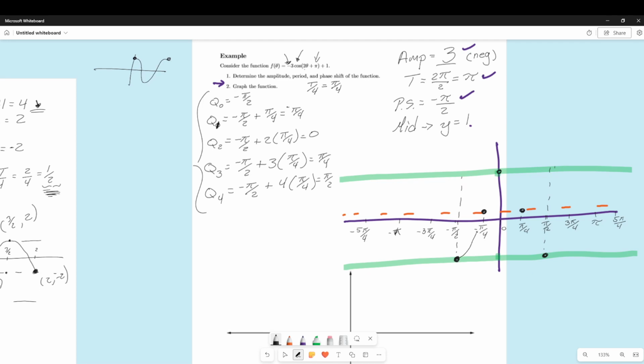So our single oscillation has to live right there. And again, we could draw another one, which would be out at 3 pi over 2.